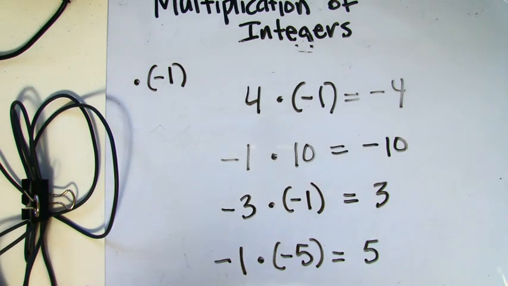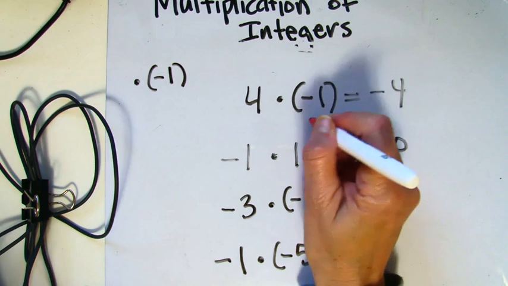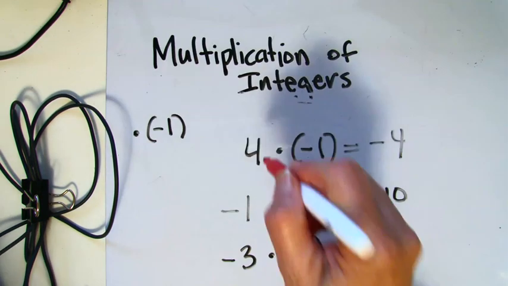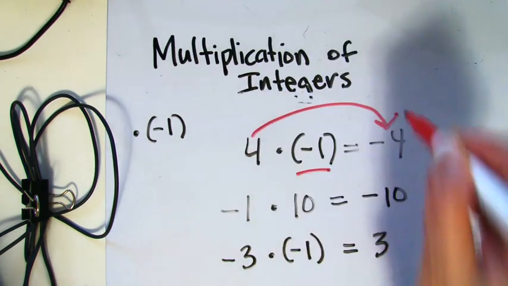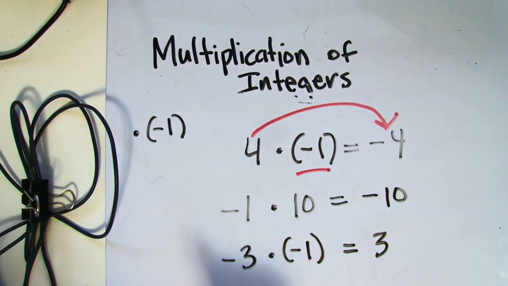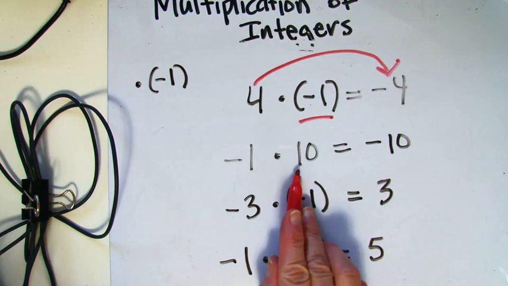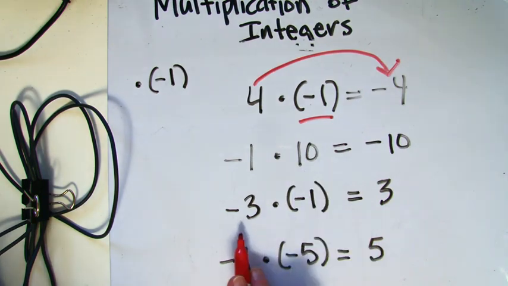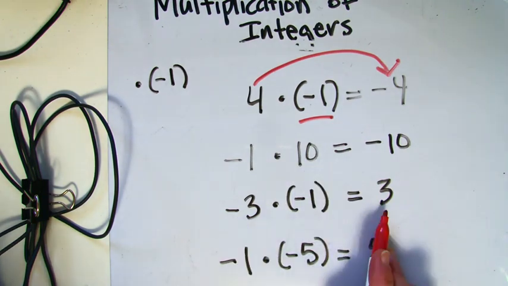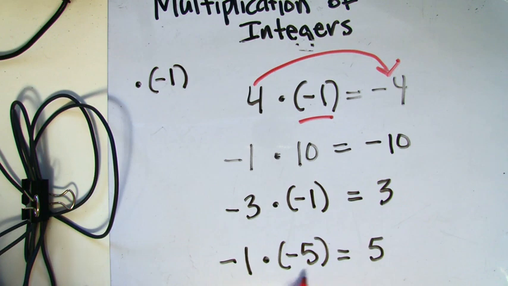So in all of these instances, when we're multiplying by a -1, we're actually getting the opposite of what we started out with. 4 becomes -4, 10 becomes -10, -3 becomes a +3, and -5 becomes a +5.